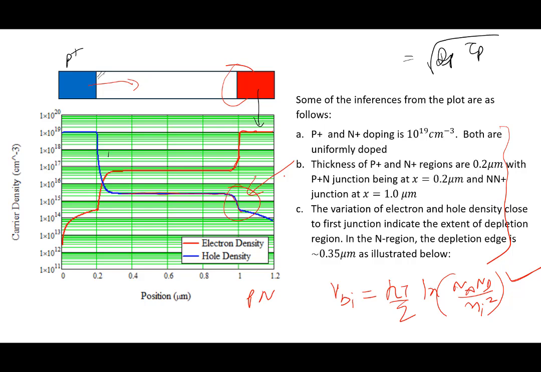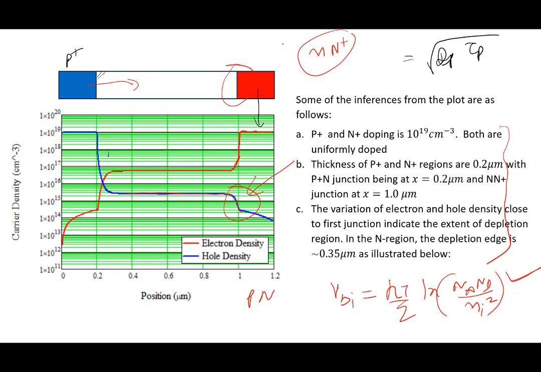By the way, is this a depletion region here? Yes or no? What kind of a junction is the N plus junction? It's not a p-n junction where carriers are depleted.